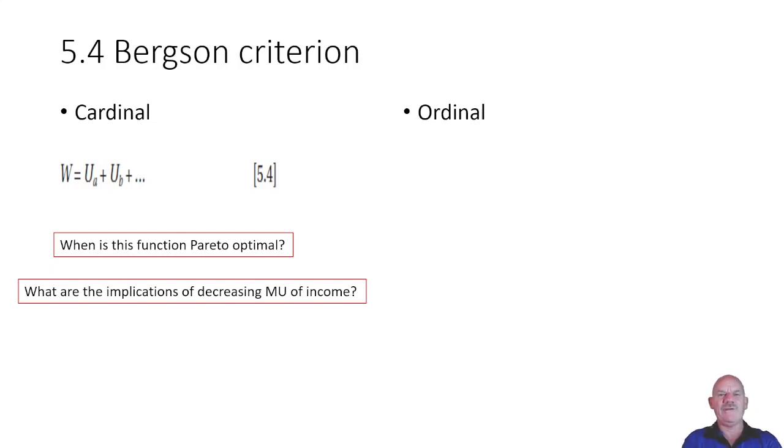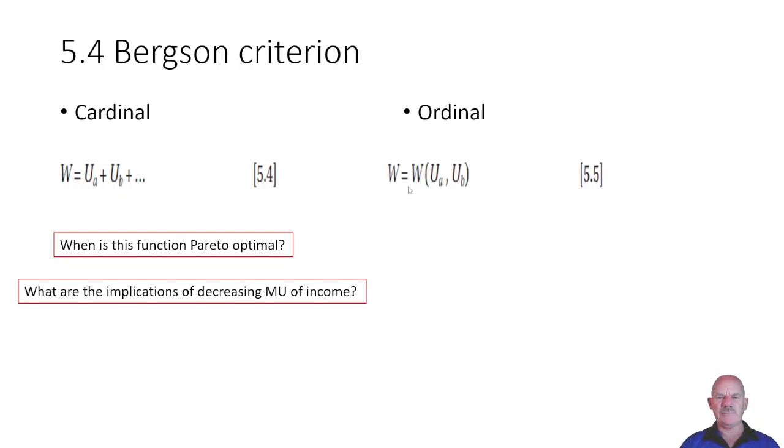Well, if you give a person driving a Lamborghini an extra 10 Rand, the increase in utility is almost nothing, if positive at all. It's very small. So the more income you have, the smaller the increase in utility from another 10 Rand. And if that is true, then you can take utility away from one person and give it to another and have an improvement in society welfare.